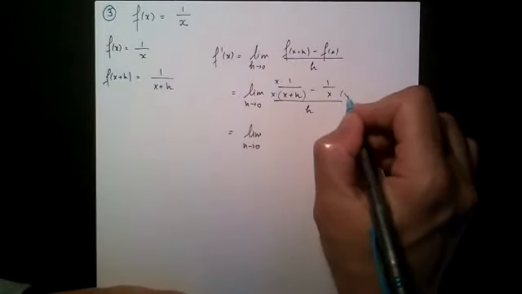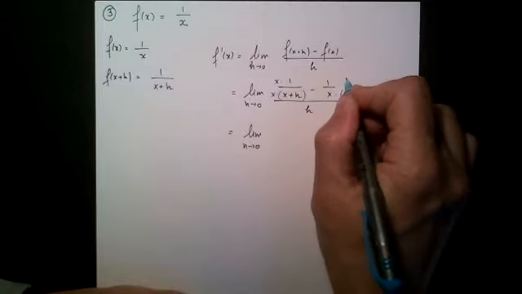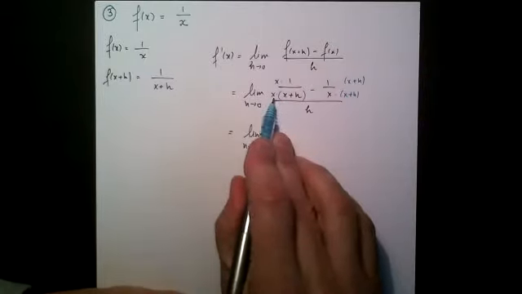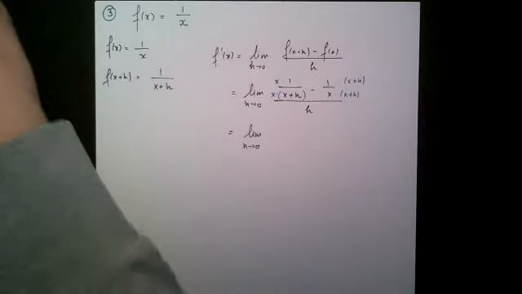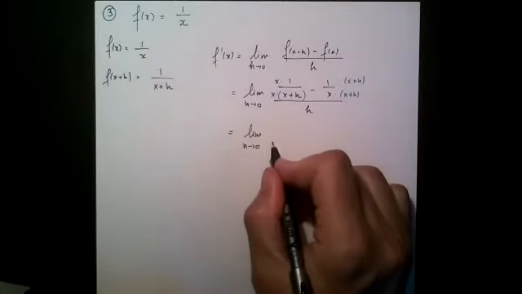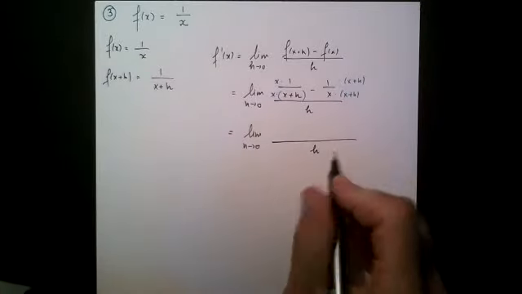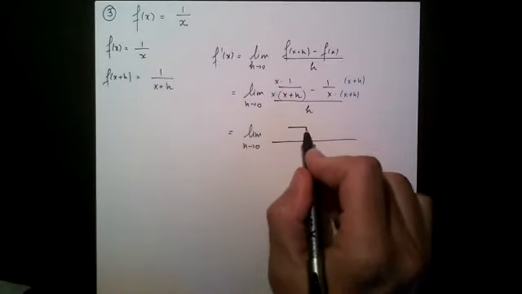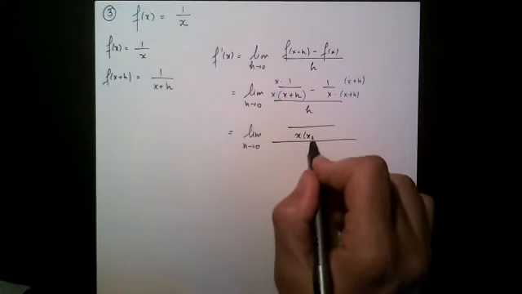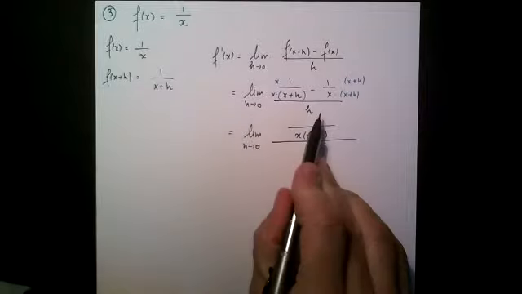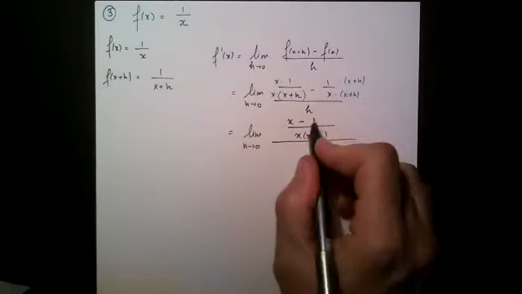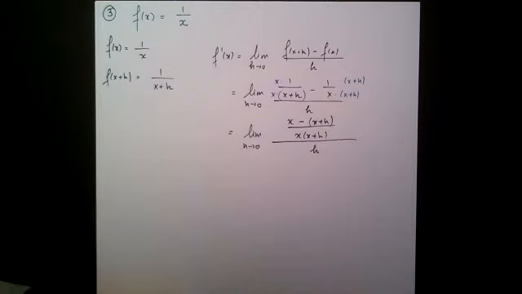And here I will multiply by x plus h, top and bottom, so that both fractions are over x times (x plus h). Okay, you've seen this for sure. So on the bottom I have h, and now on top, they're both over x times (x plus h). So on the top, I have x minus, and on the right, I have x plus h.